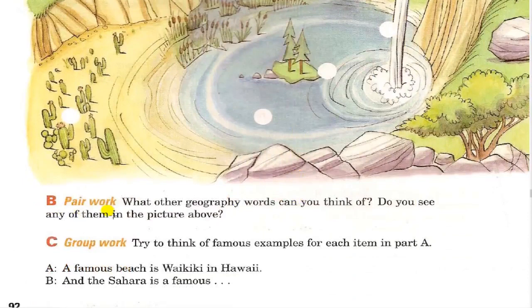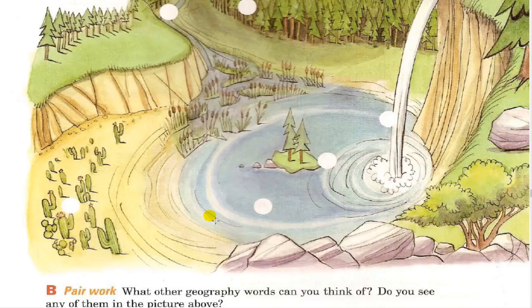Number B, pair work. What other geography words can you think of? Do you see any of them in the picture? We have different geography words such as coast, north coast, forest, tropical forest, rainforest, the Suez Canal, sea, the Red Sea, the Mediterranean Sea, oasis, Siwa oasis, Kharga oasis, Farafra oasis.